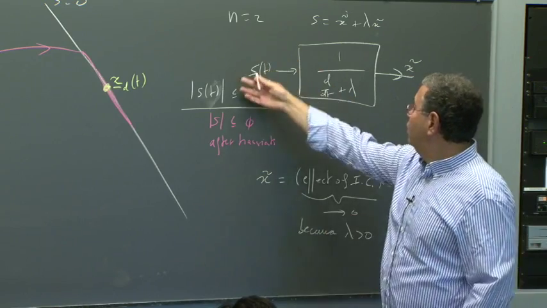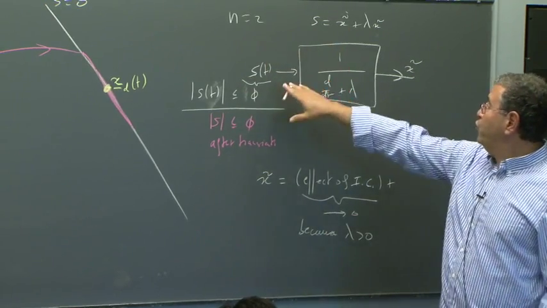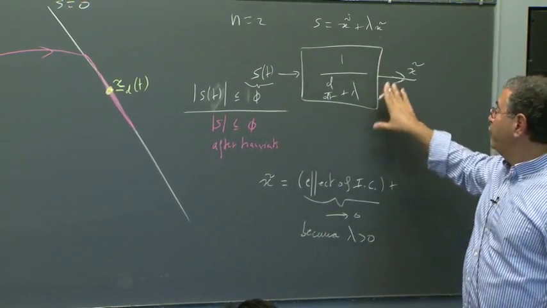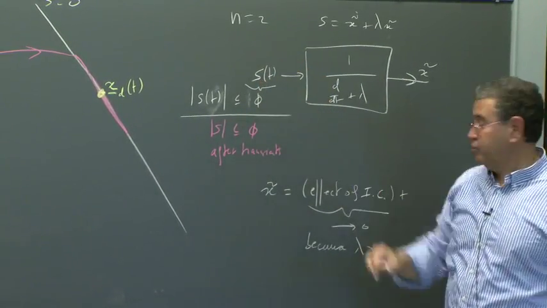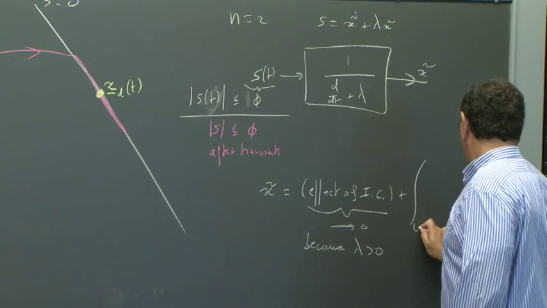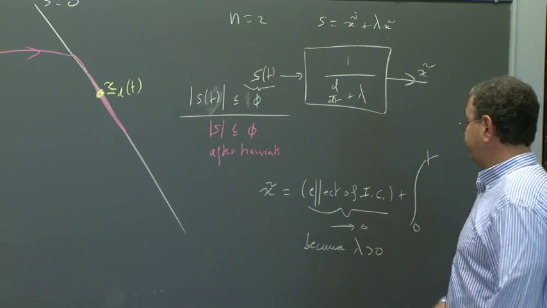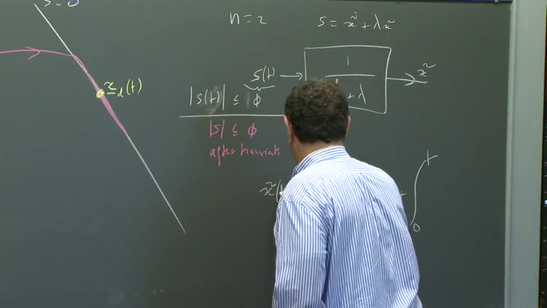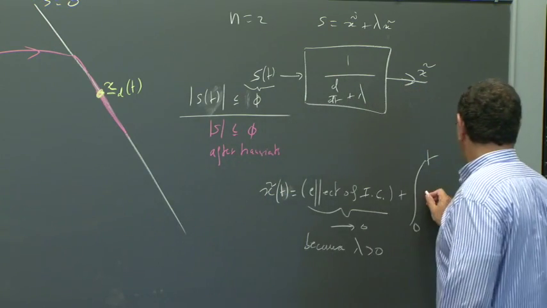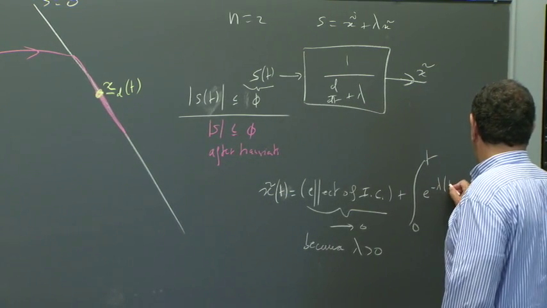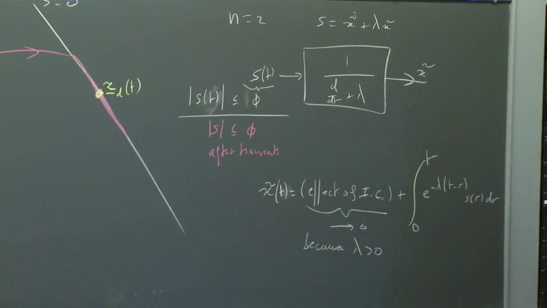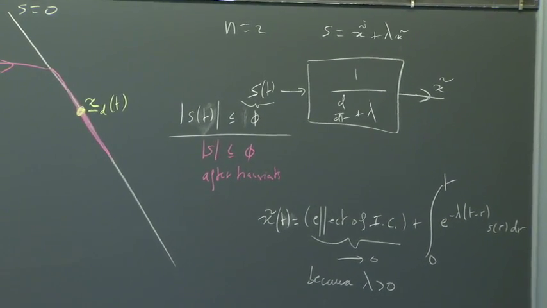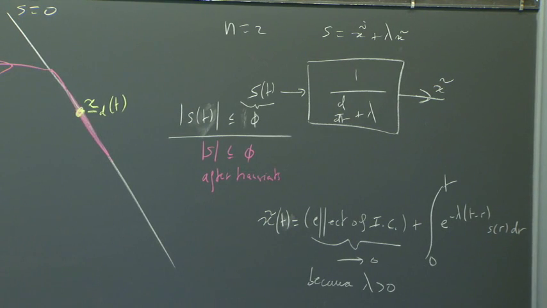And then the convolution integral of the impulse response of this filter with S. So sum from 0 to t of e to the minus lambda t minus r, s of r dr. Right?